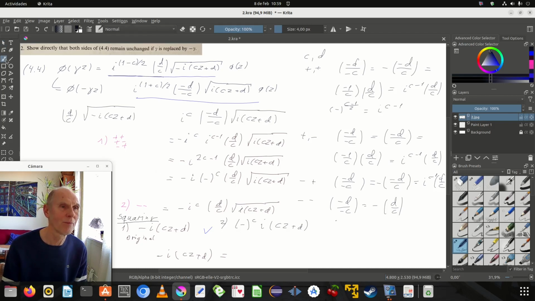So this is i d over c square root i cz plus d. And in case 2, this is the same. It gives minus i.